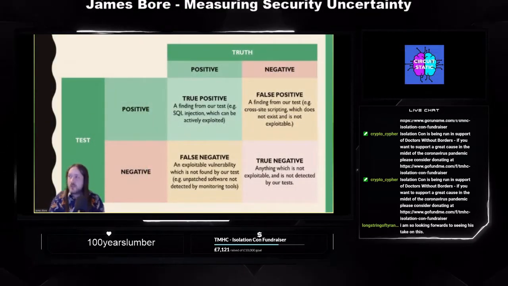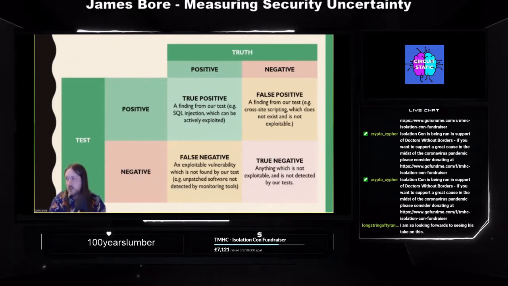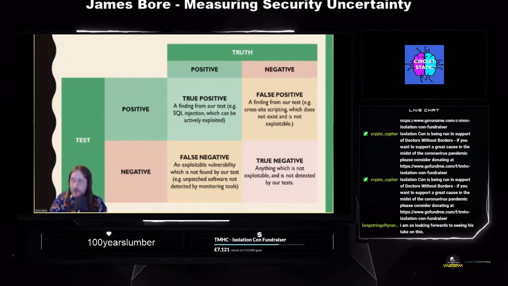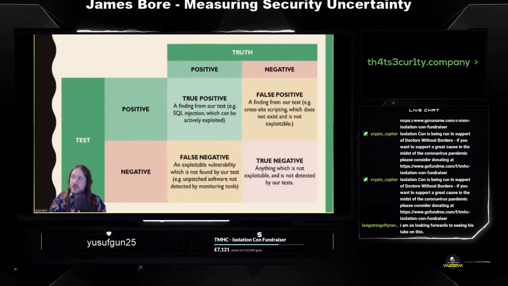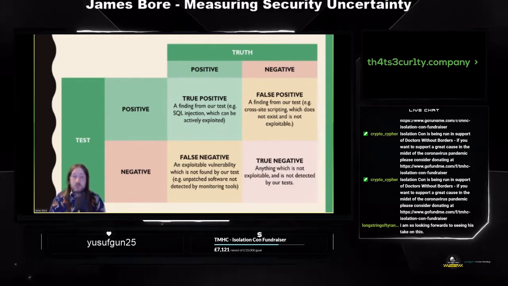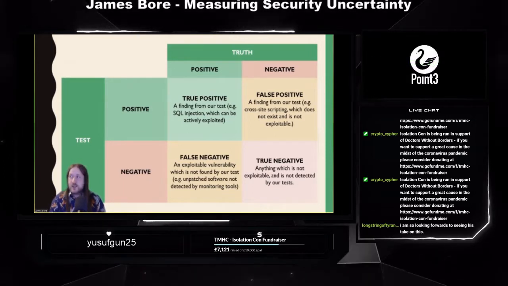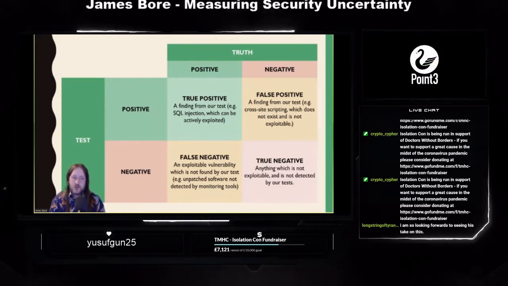So to do some examples, we have a test of a positive where a vulnerability scanner, let's say, or a pen test said there was a potential SQL injection on our site. We know because we set the site up and we are using it as an assessment that yes, there was SQL injection on this site.